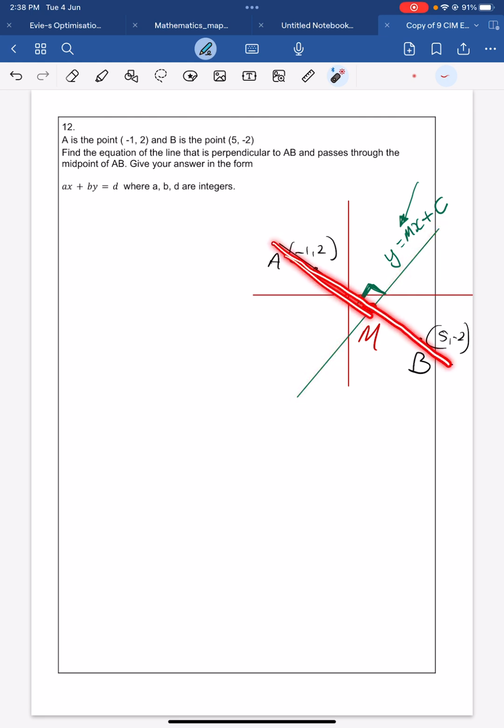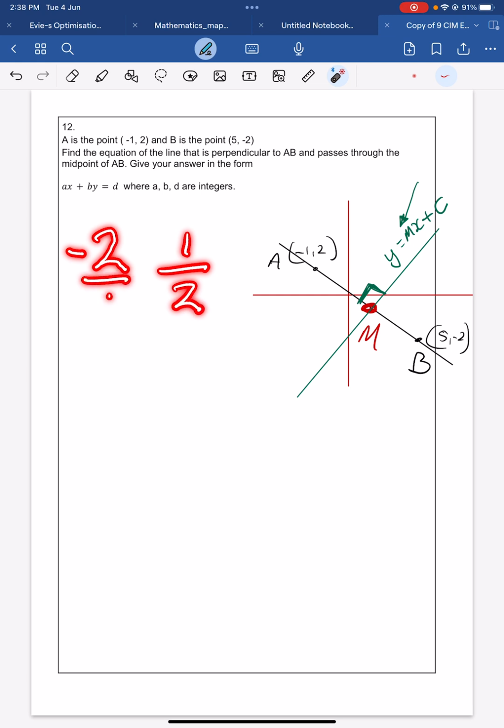So the perpendicular to the AB gradient is this guy here. Remember, if the gradient of one line is 3/2, the perpendicular is flip it and change the sign, right? Because that 2 is 2/1.